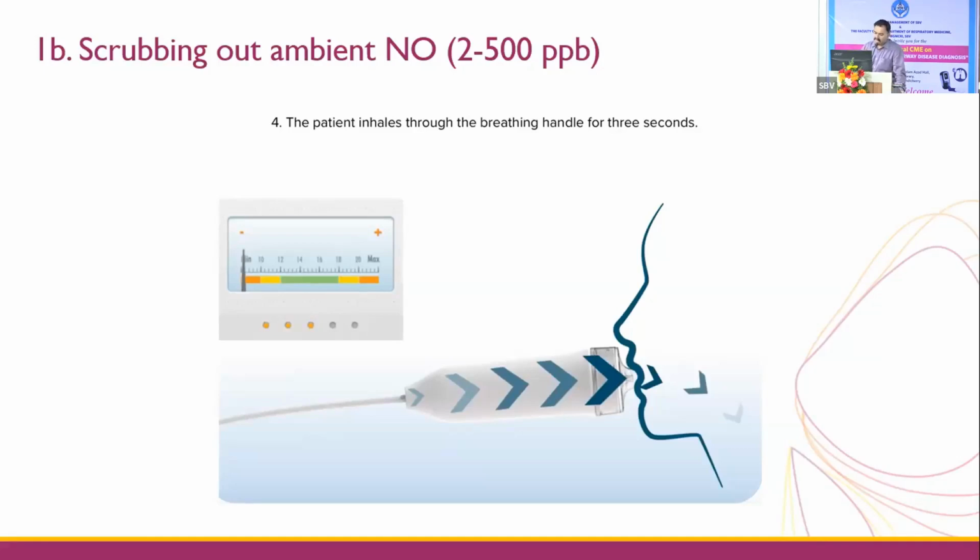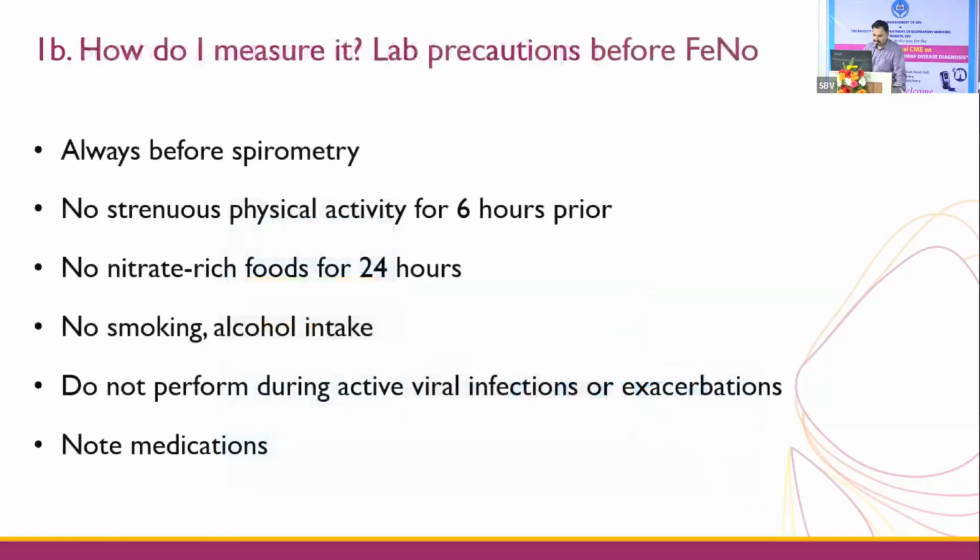For example, the NIOX system will ask you to measure the nitric oxide in the inspired air and then scrub it out from the calculations when you exhale. So you need to make sure that your machine is doing this. Otherwise, the elevated FeNO may actually reflect ambient nitric oxide as well.